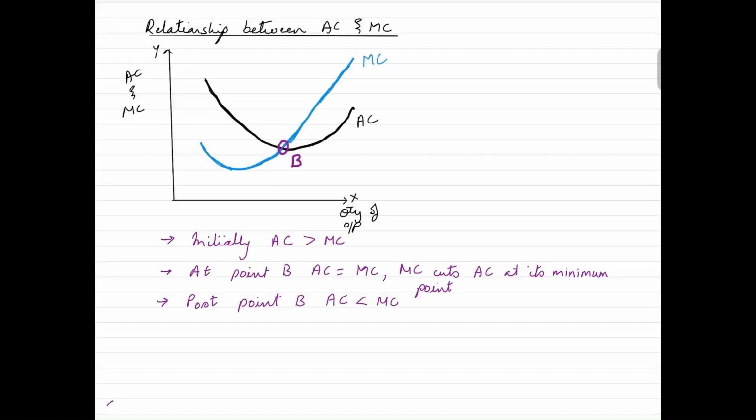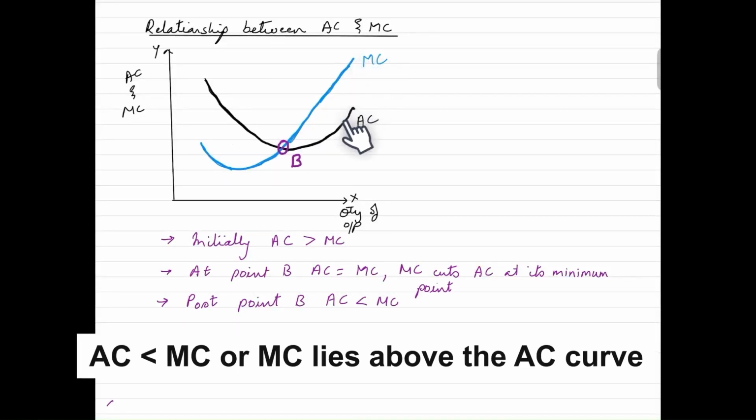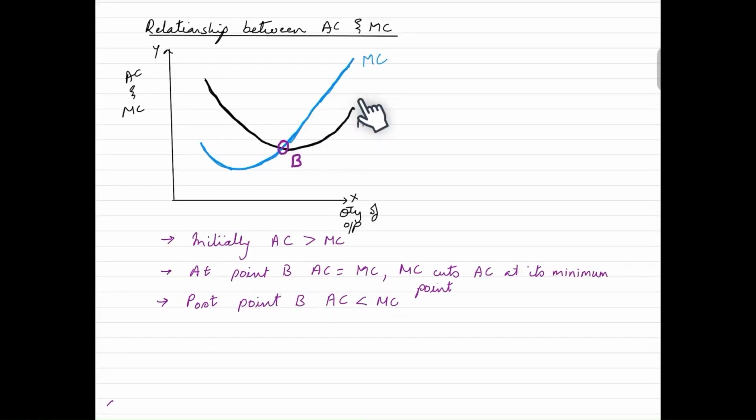The third phase is to the right of this point, where the marginal cost curve lies above the average cost curve, and we see that the average cost is increasing beyond this point B. Now this is because the production of each additional unit of output is increasing the average cost of production.